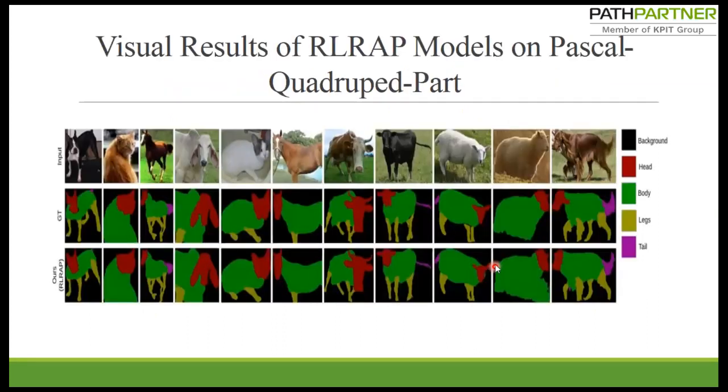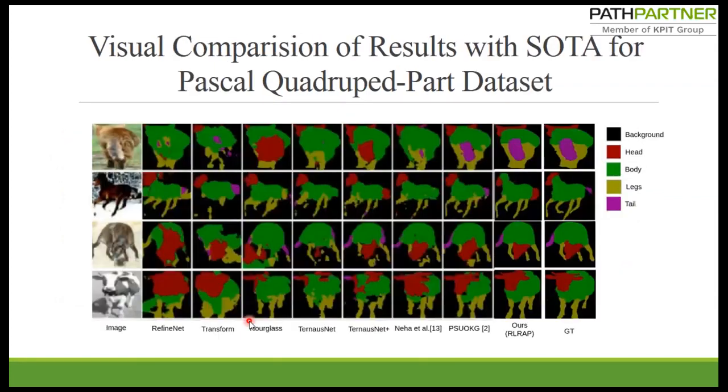So these are some results. If you see, the first row consists of the input images. The second row is the ground truth, and the third row is the predicted output. So moving to the next. This is the visual comparison of our results with the SOTA architectures, the existing methods.